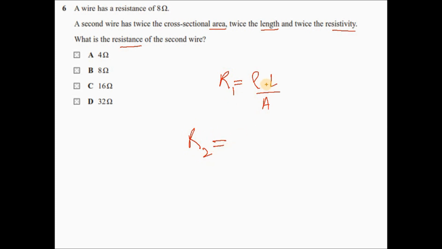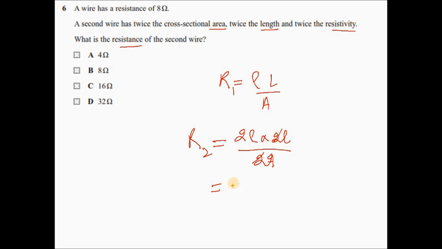So this equation can be written as per the given condition: resistivity is double, length is double, and area is also double. So clearly you can cancel 2 and 2.